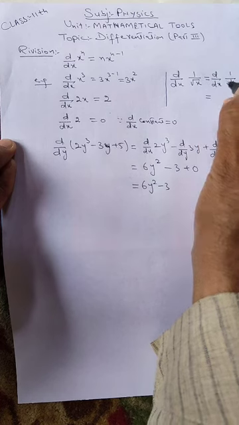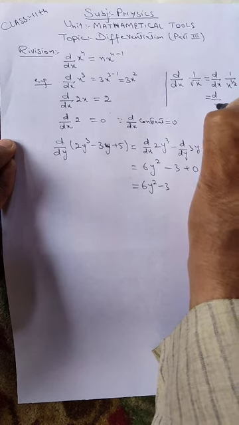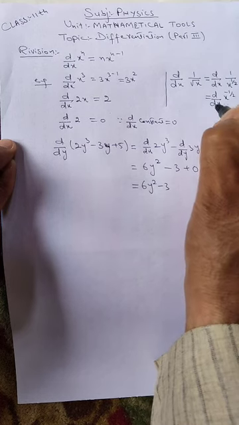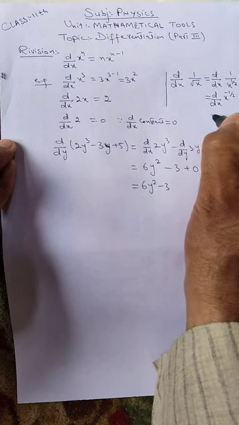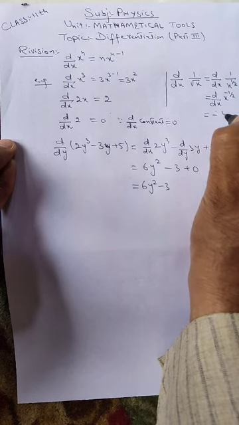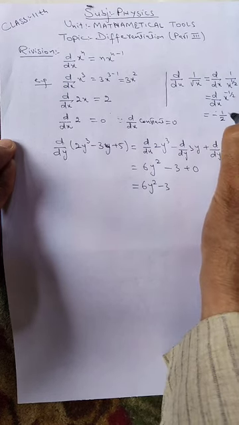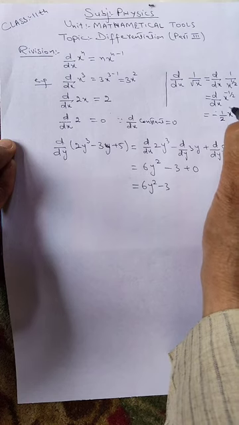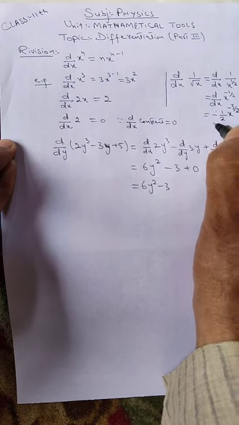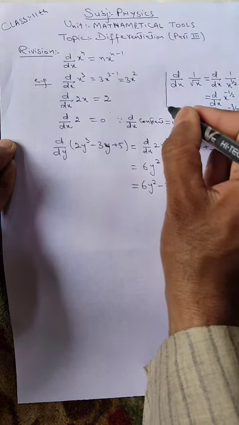When it goes up, it will be d over dx of x^(-1/2). After solving it, you solved it in the previous lecture, its answer was minus 1 over 2 x^(-1/2 - 1), which comes to be minus 3 over 2. This thing you have solved in the previous lecture.